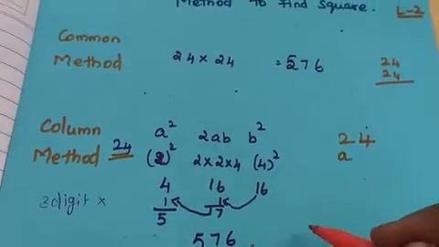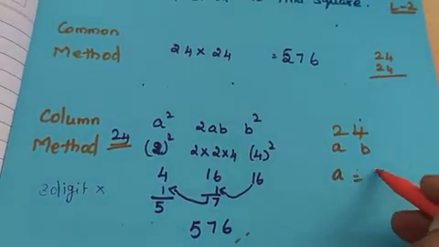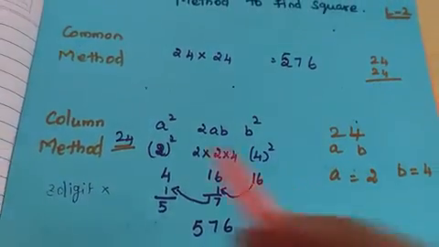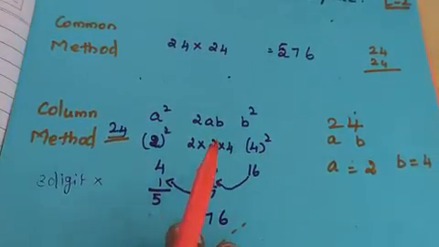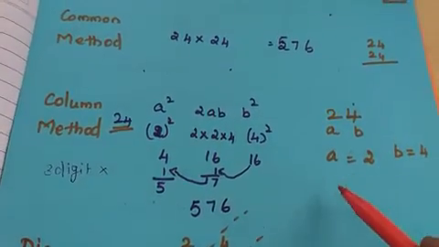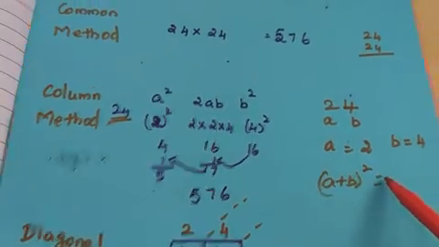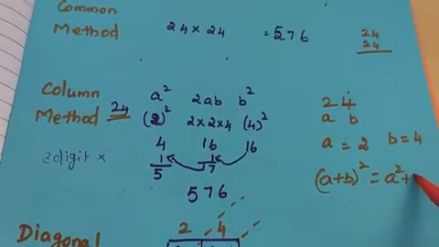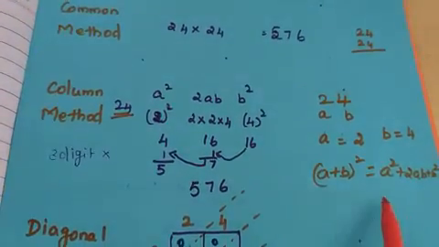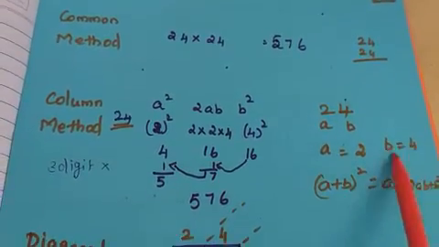The first digit is a and the second is b, which means a equals 2 and b equals 4. Then you know the identity which you learned in class 8 itself in algebraic expressions. Identity 1: (a plus b) the whole squared equals a squared plus 2ab plus b squared, right? That is what we are going to use in this column method. So you know a and you know b.